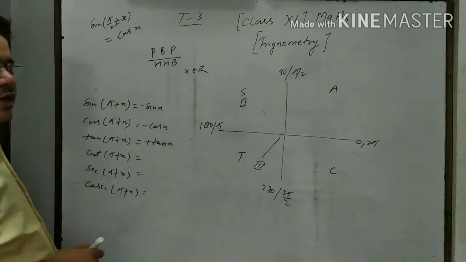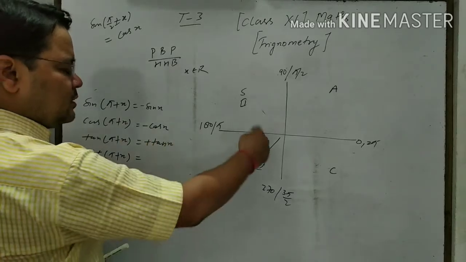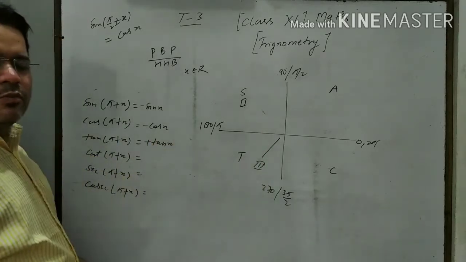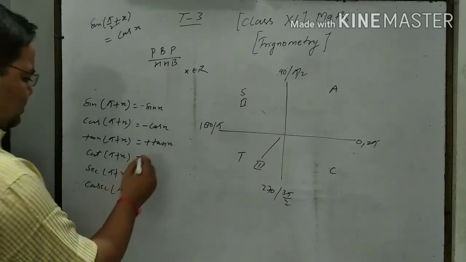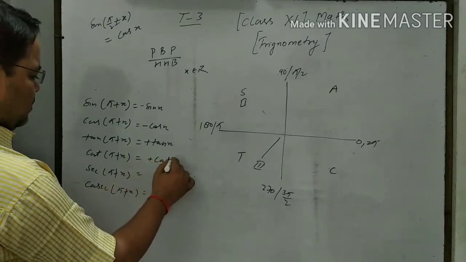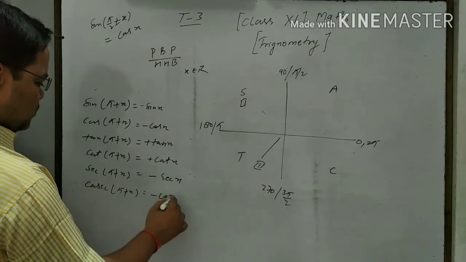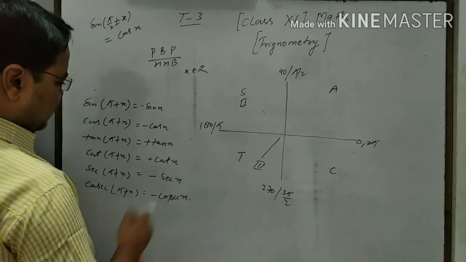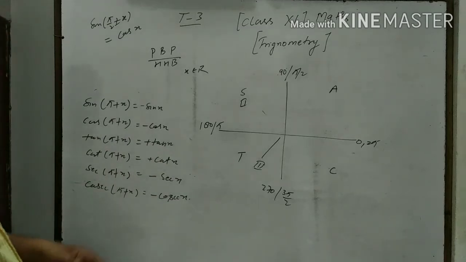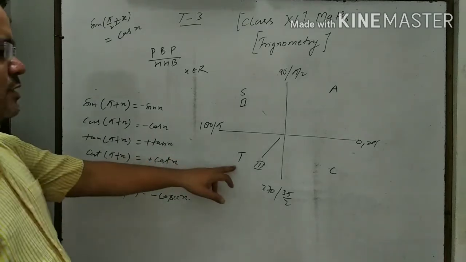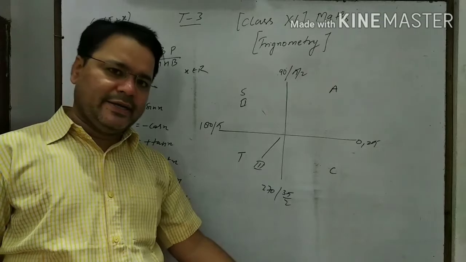Why? Because in the third quadrant tan and cot are positive and others are negative. Similarly here plus cot x, but here minus sec x and minus cosec x. Only tan and cot will be positive and others will be negative.